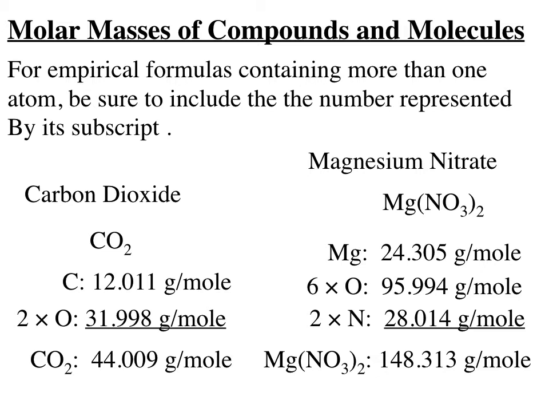On the right, I show magnesium nitrate. Now notice each mole of magnesium nitrate has 1 mole magnesium, 2 mole nitrogen, 6 mole oxygen.